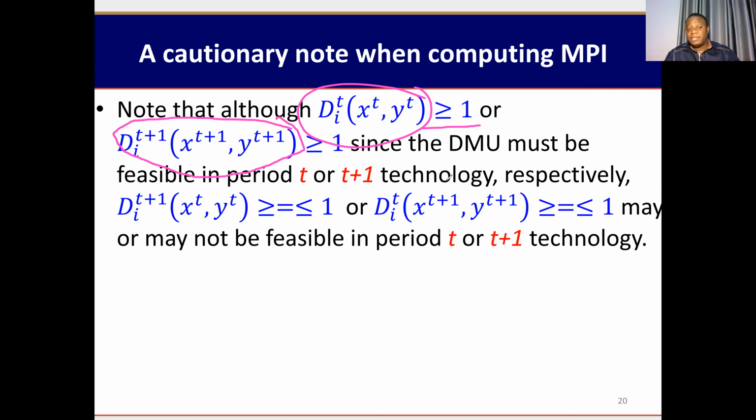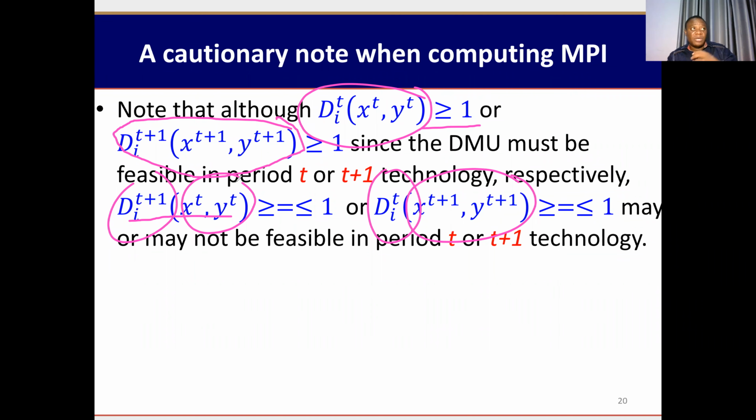Even though that can happen, the cross-period efficiency scores, where you have a firm in year T relative to the frontier T+1, or you have a firm in year T+1 relative to frontier T, they can be less than 1, greater than 1, or equal to 1, because they may not be feasible in that period's technology, whether it's period T or period T+1.